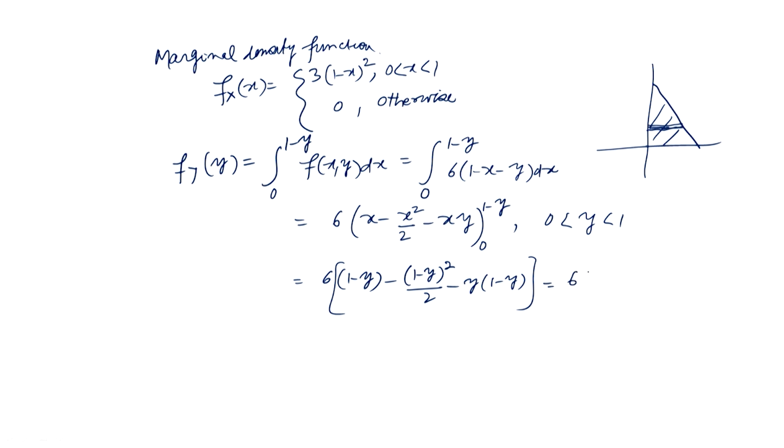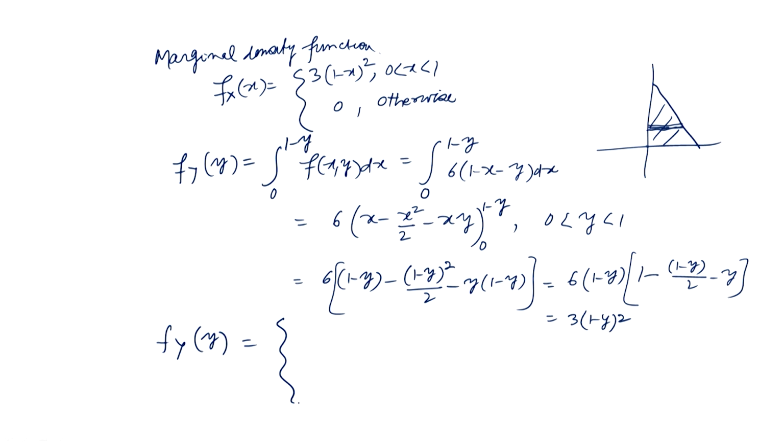This is 6 times (1 minus y), we can take common, and then what we will get is (1 minus y) by 2 minus y, which is 3 times (1 minus y) whole square, for 0 less than y less than 1. So, f_Y(y) equal to 3 times (1 minus y) whole square, 0 less than y less than 1, and 0 otherwise.